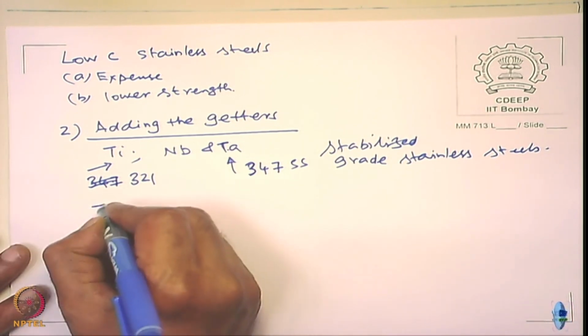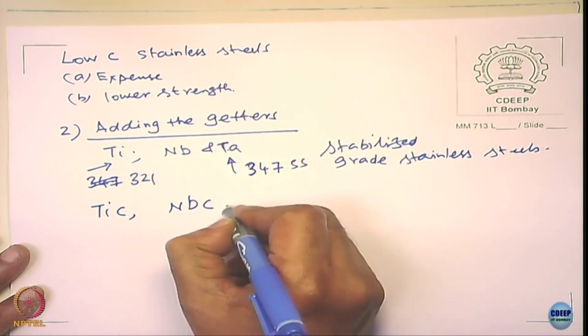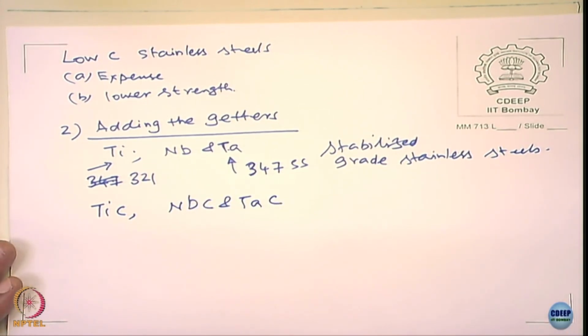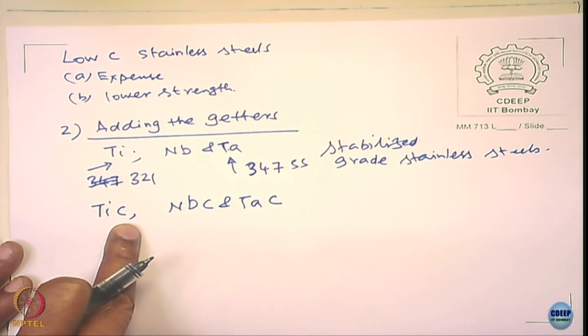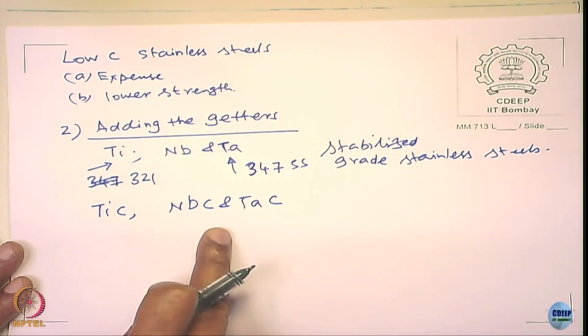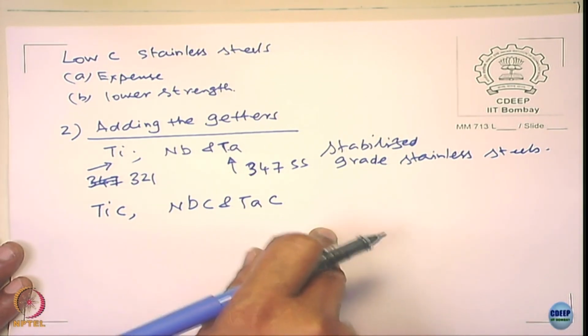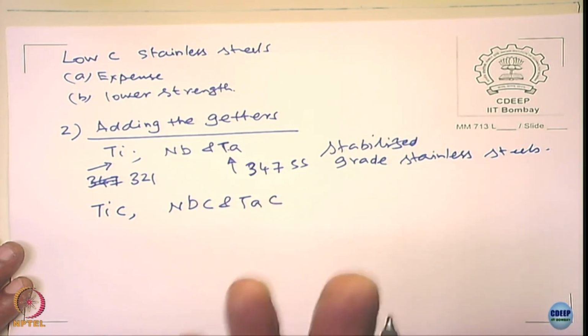So, titanium forms titanium carbide, as do niobium carbide and tantalum carbide. So, you allow the carbon in the material to interact with them and form these carbides. So, what happens to the activity of carbon in the system? The activity of carbon in the system falls very low, and so the sensitization becomes extremely slow.